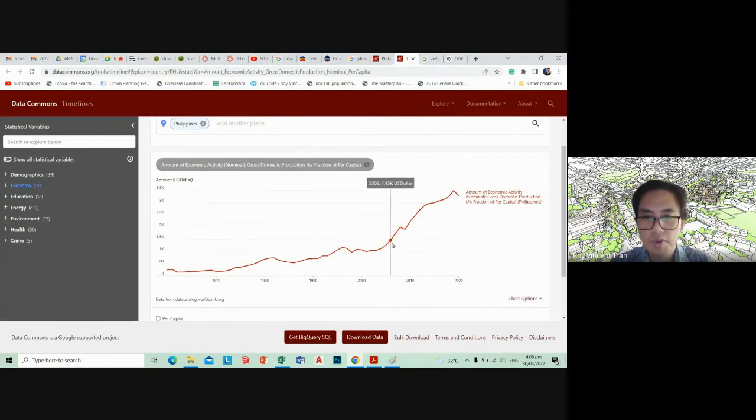So you can see there's a big increase in the 2000s with a dip in 2009, probably because of the 2008 to 2009 global financial crisis, and the dip down here probably due to COVID. This is the gross domestic product as a fraction of GDP per capita. So pretty good, pretty healthy in terms of economic growth.